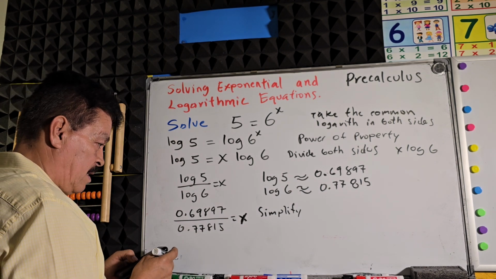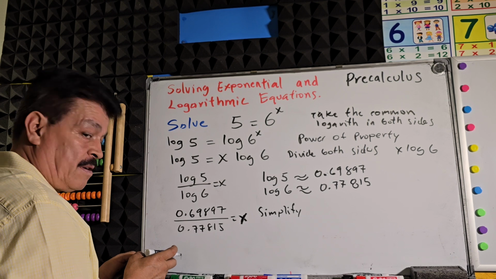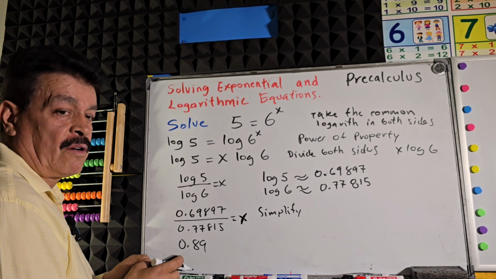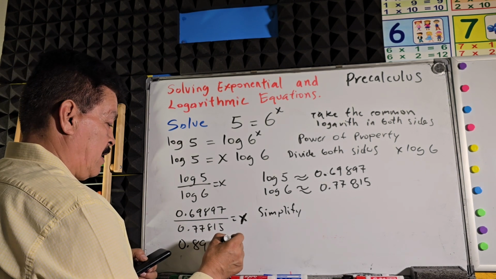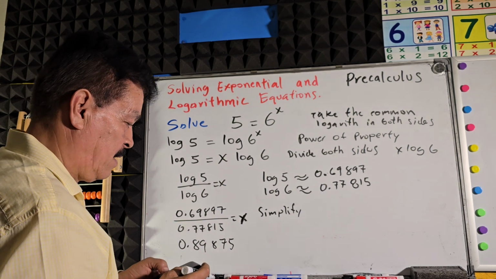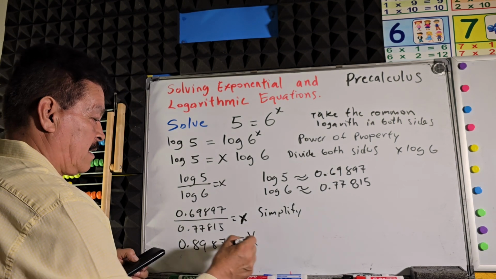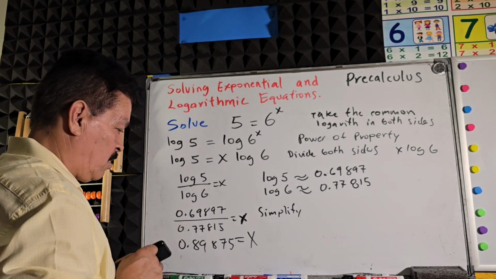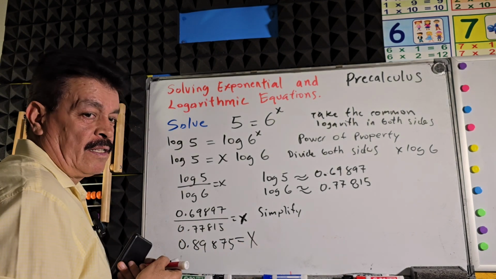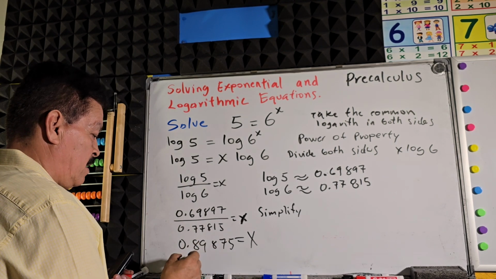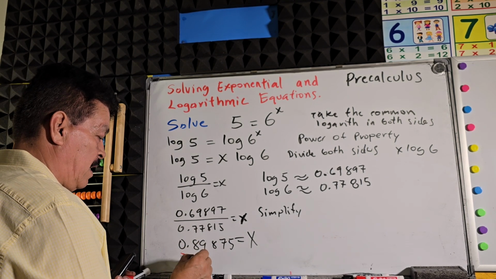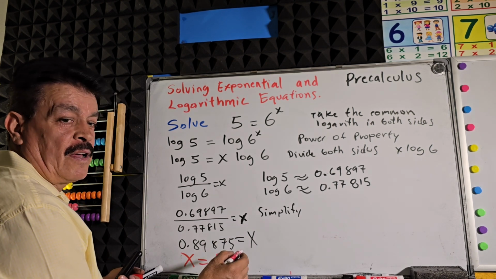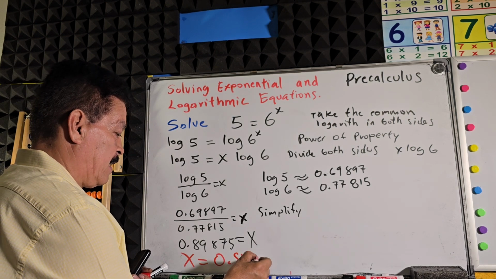The answer is 0.89875, equals x, right? So rounded to the nearest thousandth, x is equal to 0.898.